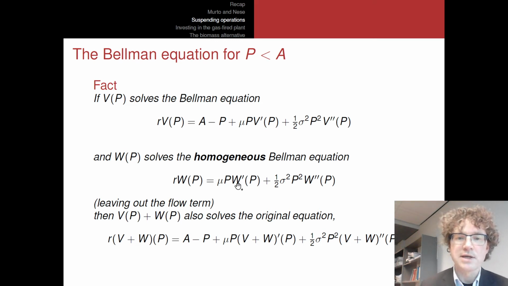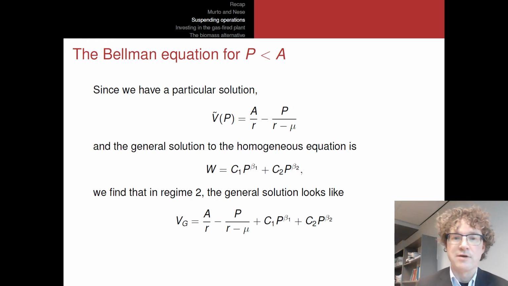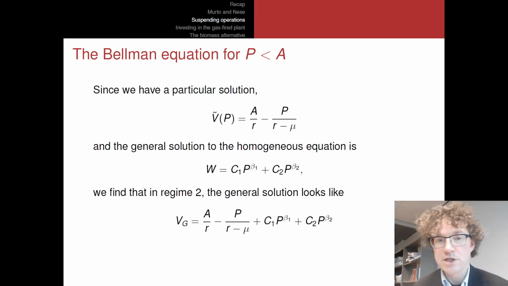Then the point is that the sum of this particular solution plus this most general solution will also solve our original equation. So let's see how that works in practice. We have a particular solution, this v tilde. It's not the right one that we need, but it is one solution to this equation.